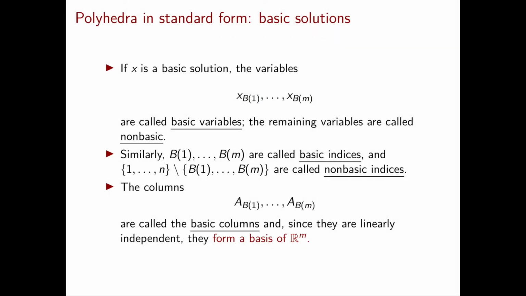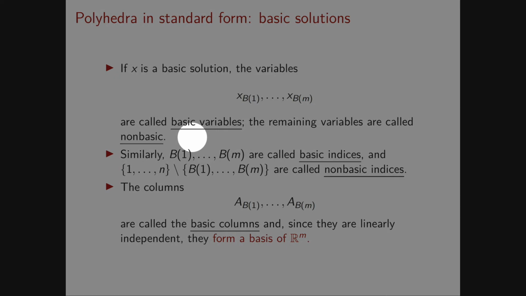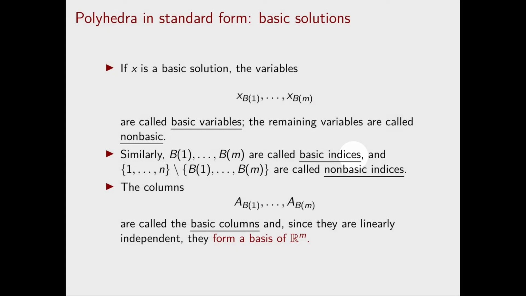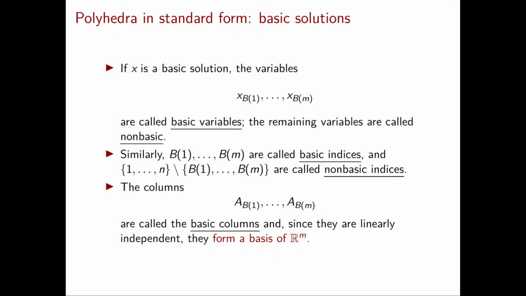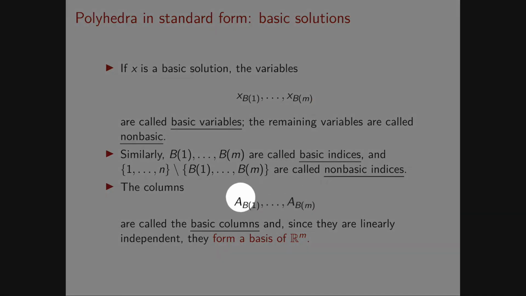All the remaining ones, which are the ones that we set to 0 in our procedure, are called the non-basic variables. Similarly, the indices b1 until bm are called basic indices, while the remaining ones will be called the non-basic indices.